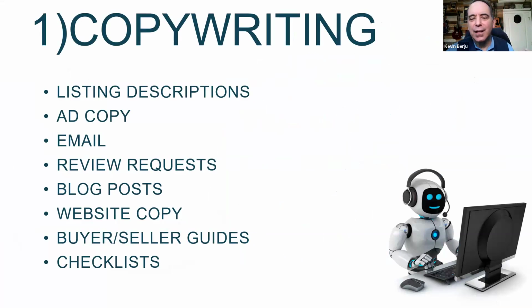So it can help you with listing descriptions, ad copy, email, review requests, blog posts, website copy, buyer and seller guides, which are awesome, and checklists, which are also great. Keep in mind, no bot can replace your voice. It comes close, but it can't really replace your voice. It augments your voice and what a skilled, knowledgeable and motivated real estate agent can do for their clients.